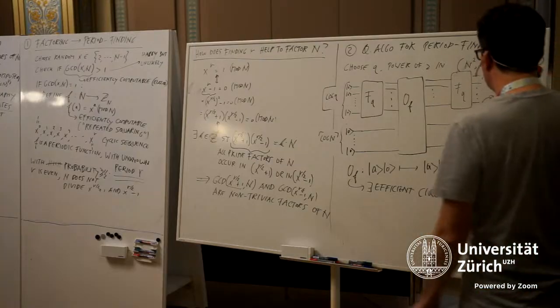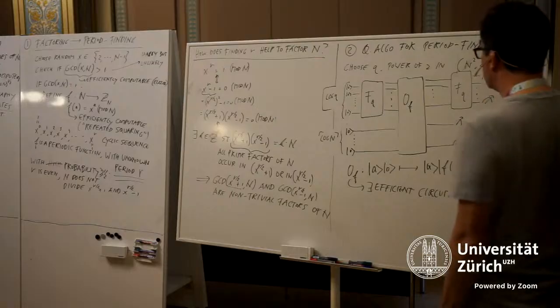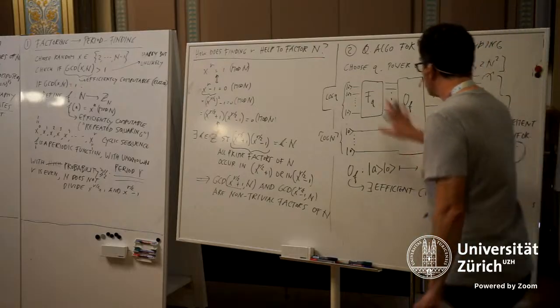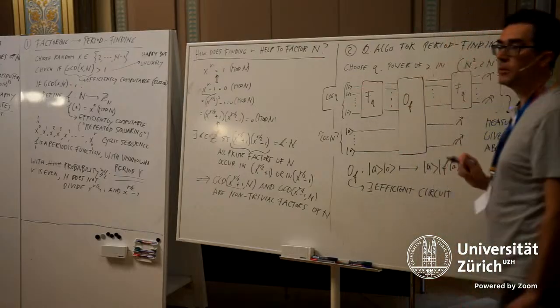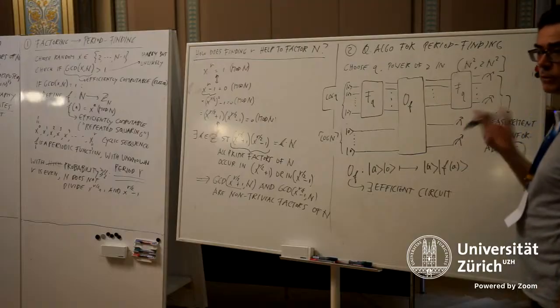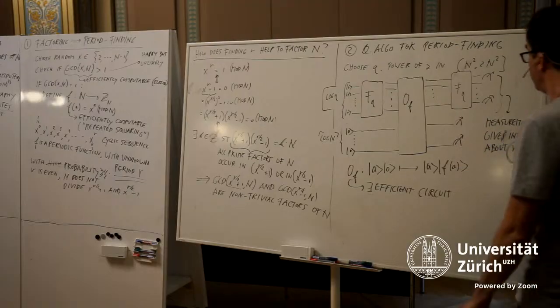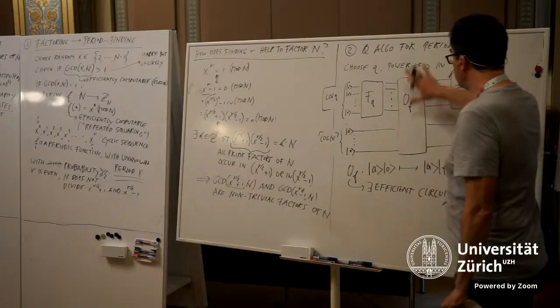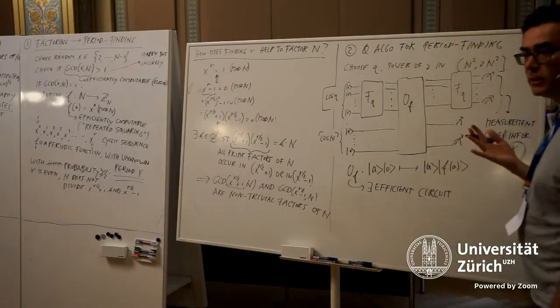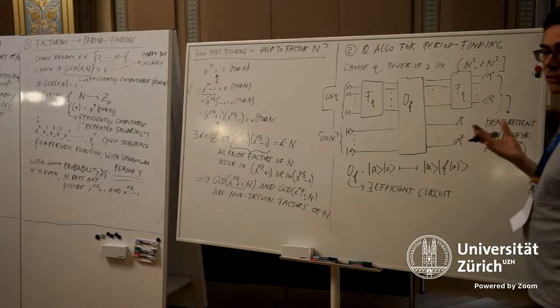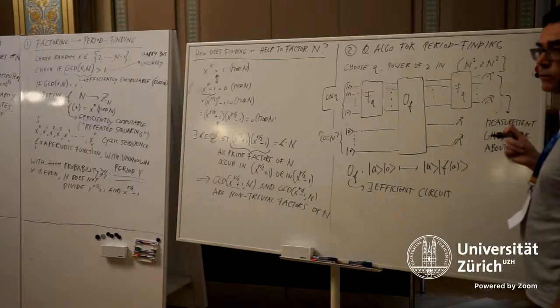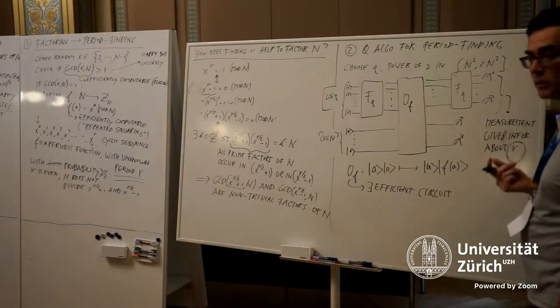Let me first actually sort of convince you that this is an efficient algorithm, right? There's two Fourier transforms, but those can be implemented quite efficiently in a number of gates that's quadratic in the number of qubits. And this OF here, if you work your way through the details of this repeated squaring, its number of gates is also like roughly quadratic, maybe slightly more than quadratic in the number of bits of n.